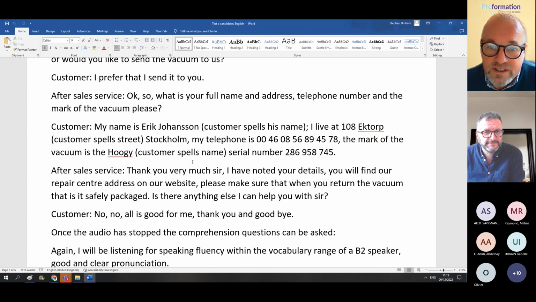My telephone is 004608594578. The mark of the vacuum is the Hoogy, H-O-O-G-Y. Serial number 286958745.